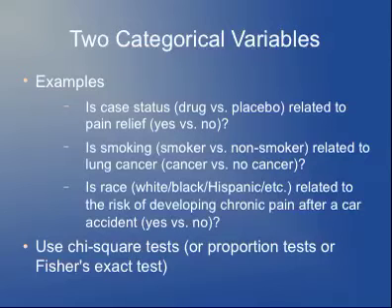Or do you want to know is smoking associated with lung cancer? You're either a smoker or a non-smoker, and you either develop lung cancer or you don't. Or you could look at the association between race and the risk of developing chronic pain after a car accident, a study that I was involved with. In each of these cases, you have two categorical variables. If you want to analyze the association, you can use chi-square tests or Fisher's exact test or proportion tests or things like that.